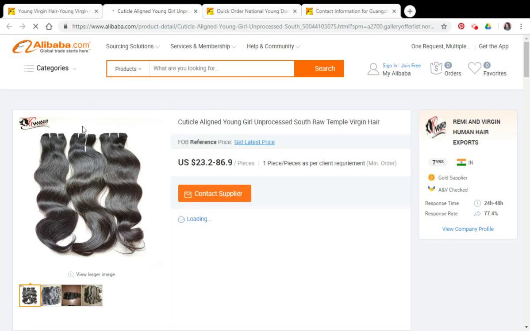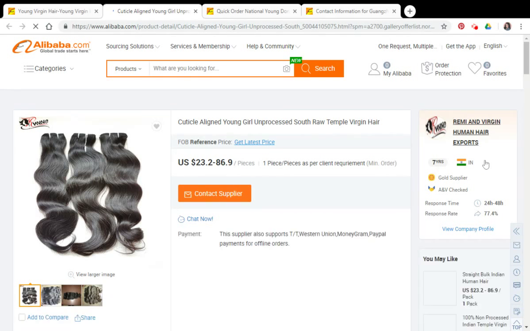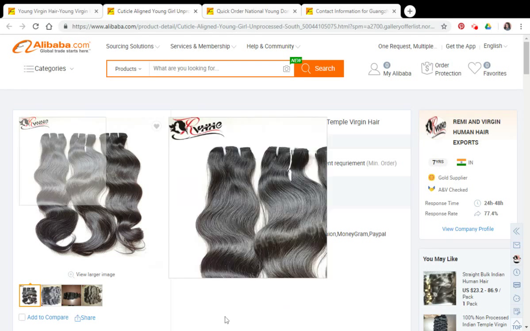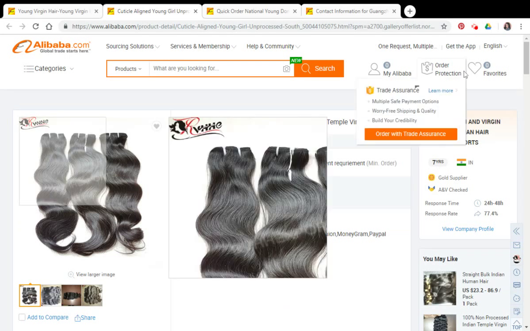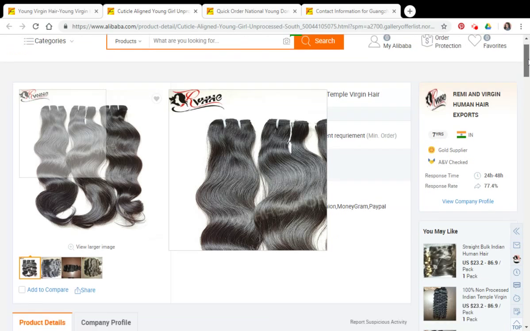So for Indian vendors, for machine wefts on Alibaba.com, you would use the same criteria. Of course, their naming process is slightly different. You just want to make sure that you cross-reference your Indian vendors and you do the same Google process to make sure that there are no negative reviews on this business.